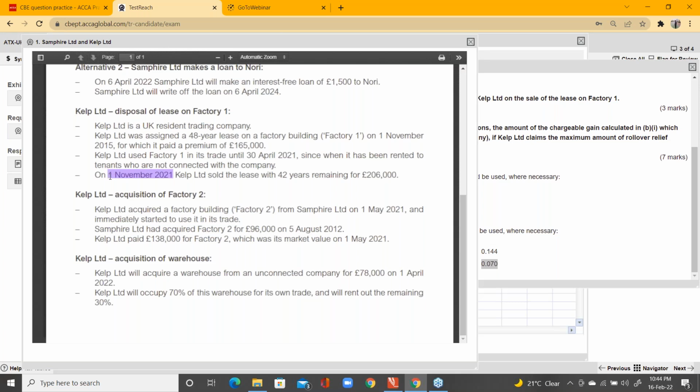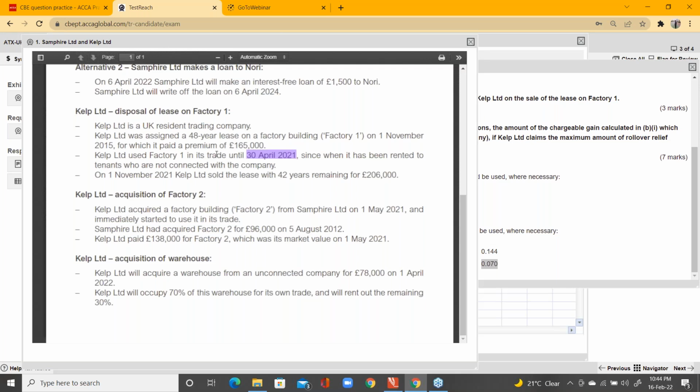And on 1st November 21, since acquisition from 1st November 15 till 1st November 21, the disposal time, you can see from 30th April 21, meaning from 1st May, the months of June, July, August, September, October.